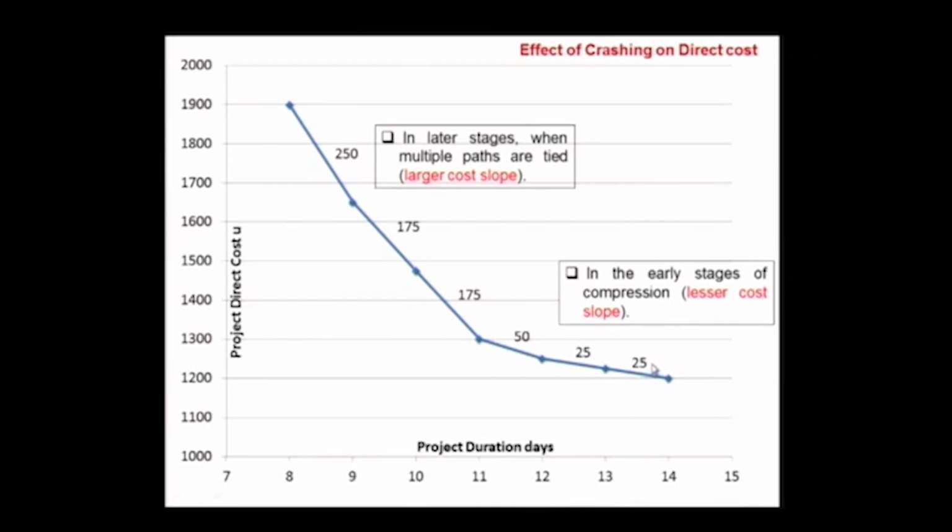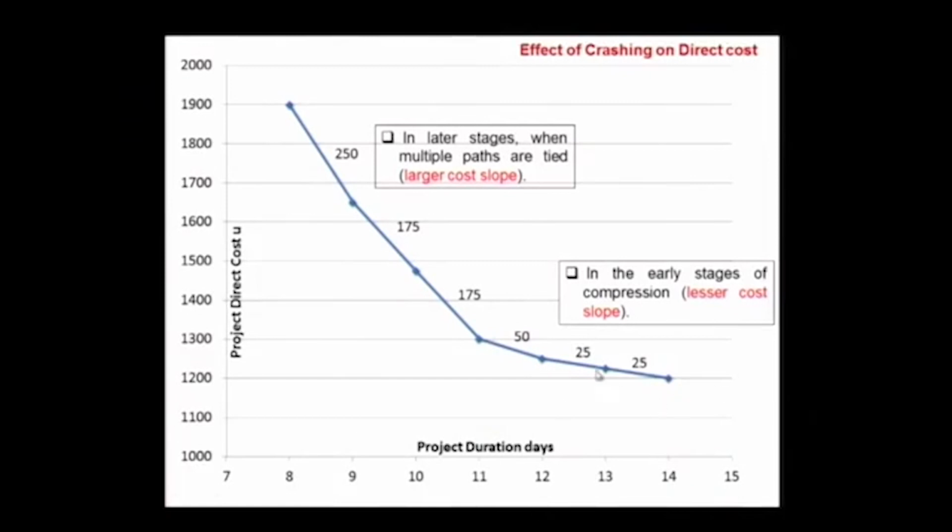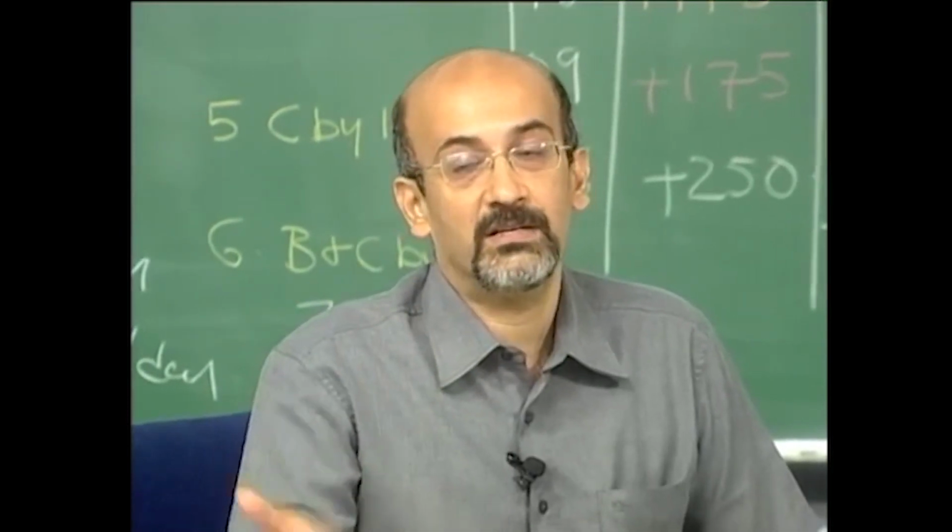How much do I save on my indirect? 100. So my total saving is 75. Here again my total saving is 75. Once I cross this point, what I spend on my direct is more than what I save on my indirect, and that is why the graph then starts increasing.